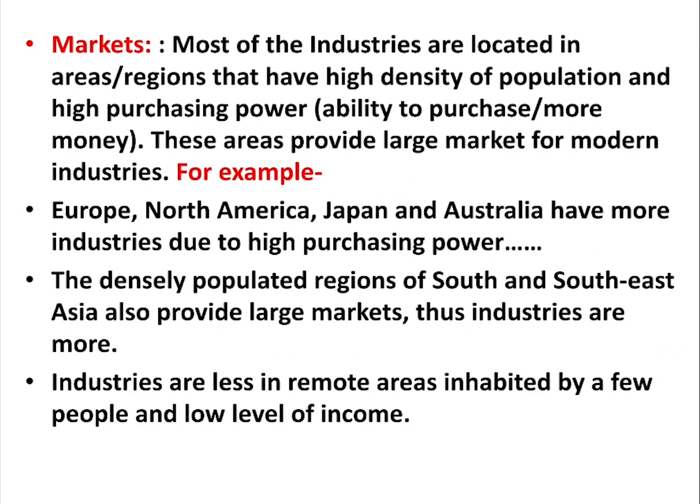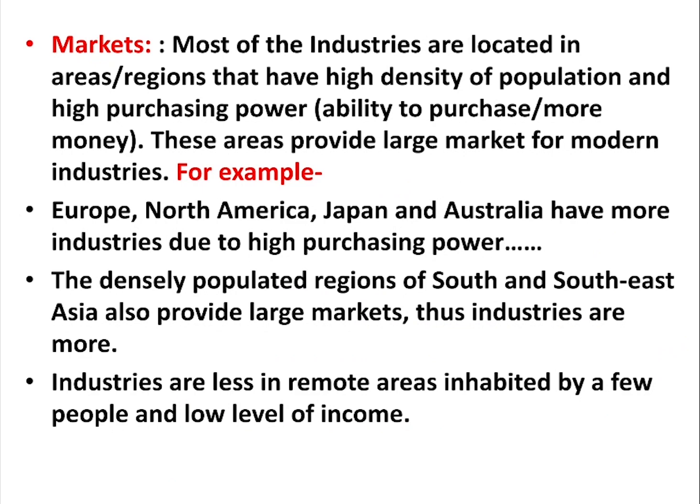The next is the highly densely populated regions of Southeast Asia. We have many industries there. Why? Because of the high density of population. In this region we have a large number of people.